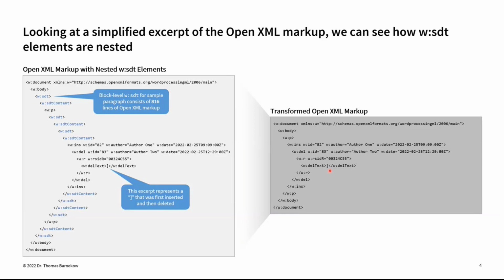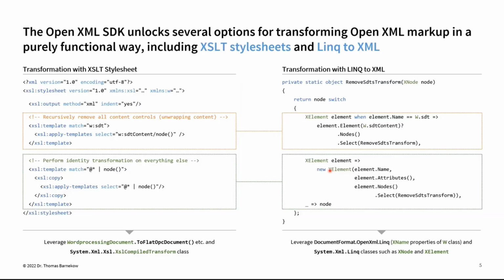To transform Open XML markup, or generally any XML markup, the most natural thing to do, if you understand a little bit about the technology, would be XSLT, the XML Stylesheet Language Transformations. In such transformations, which are expressed in XML themselves, you define templates. For example, one at the top here, matching w:sdt elements, and then applying a certain template to process that.